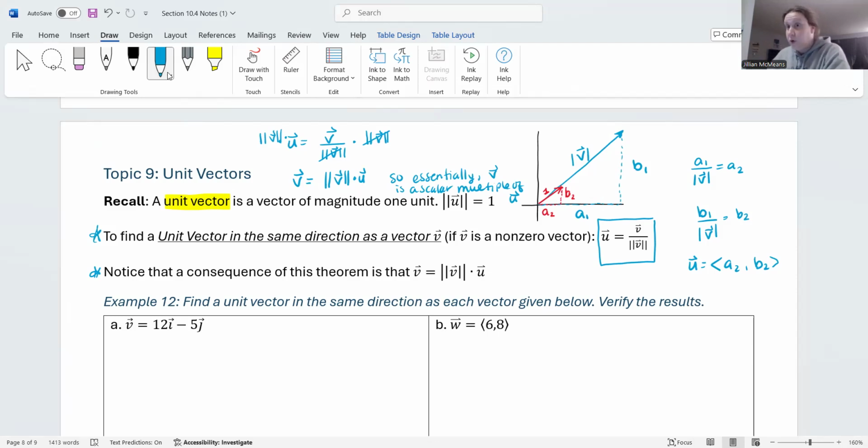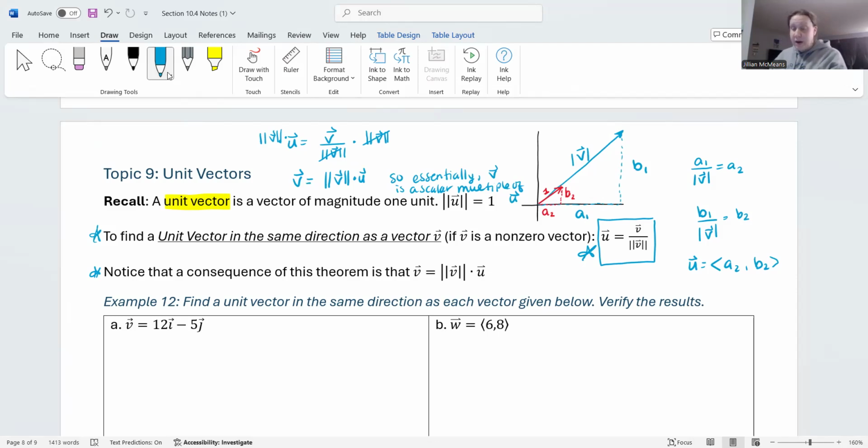We forced the components of the u vector to be the components of the v vector divided by v's magnitude. So u is just a little chunk of v, therefore v is a scalar multiple of u. We can get that algebraically by solving this formula for v, but it should just make sense a little bit.